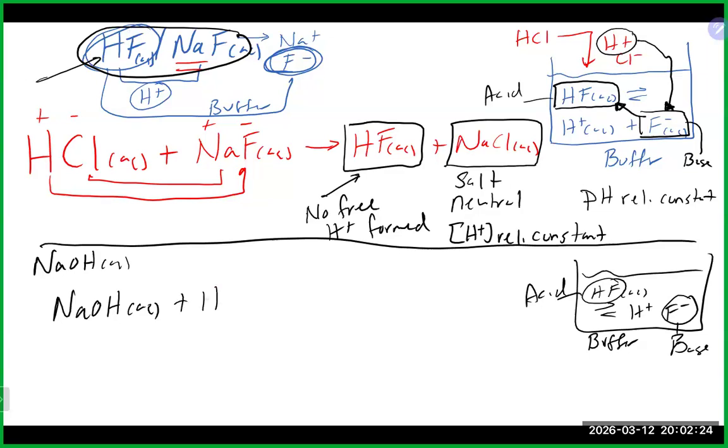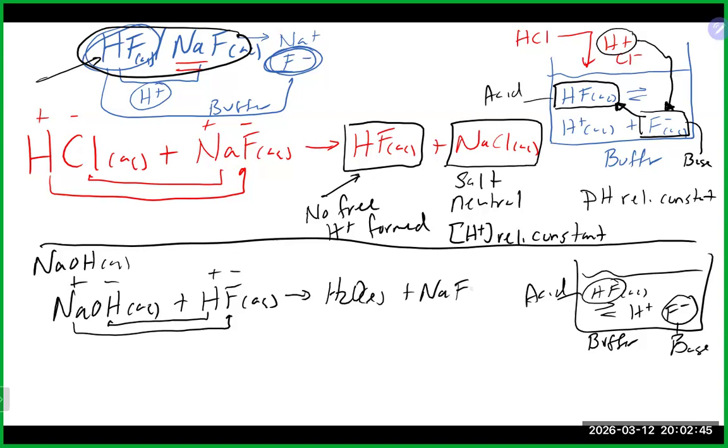It will add to the acid part of the buffer. We're going to get a basic, still double displacement acid-base reaction. We're going to form water, and we're going to form a salt, like sodium fluoride in this case, when we do our double exchange there.